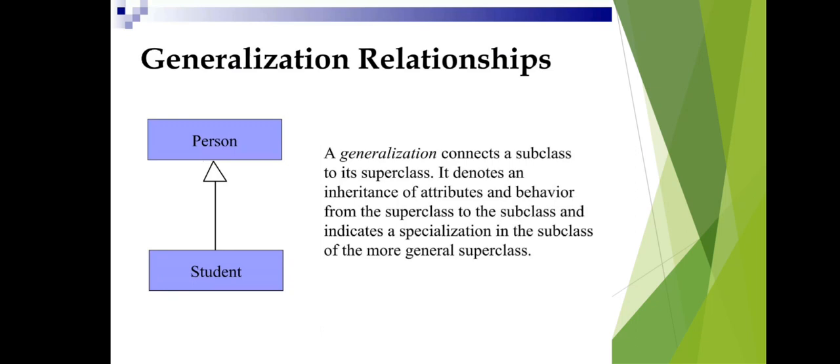Generalization is the reverse of specialization. For example, Person and Student are two classes. This generalization symbol shows the property inherited from superclass to subclass.